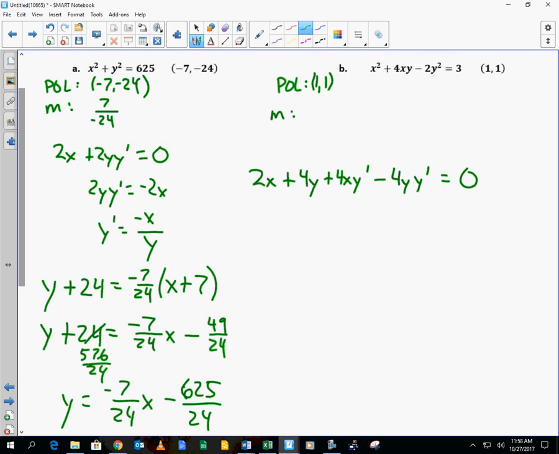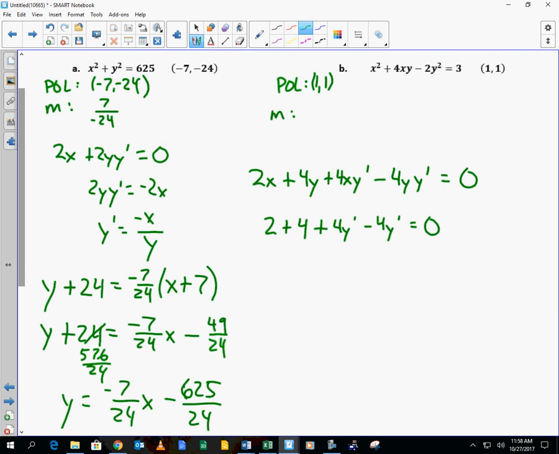So I don't really need to solve for y prime necessarily. I could just plug in what? 1, 1. And we'll figure out what y prime is. So what goes in for x? And I get 2 plus 4 plus 4y prime minus 4y prime equals 0.